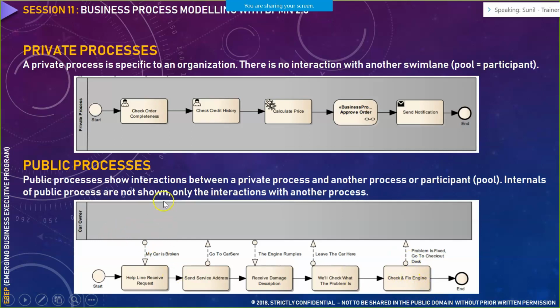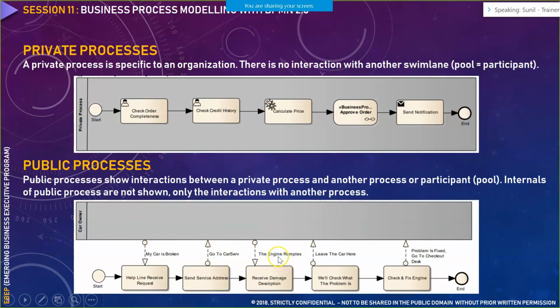So here you are constantly interacting with a particular swim lane or a particular user who falls under that swim lane. So here is the swim lane of the car owner, and here is the swim lane of the car vendor or the company who sold that particular car to this car owner. So there's an interaction happening between them.